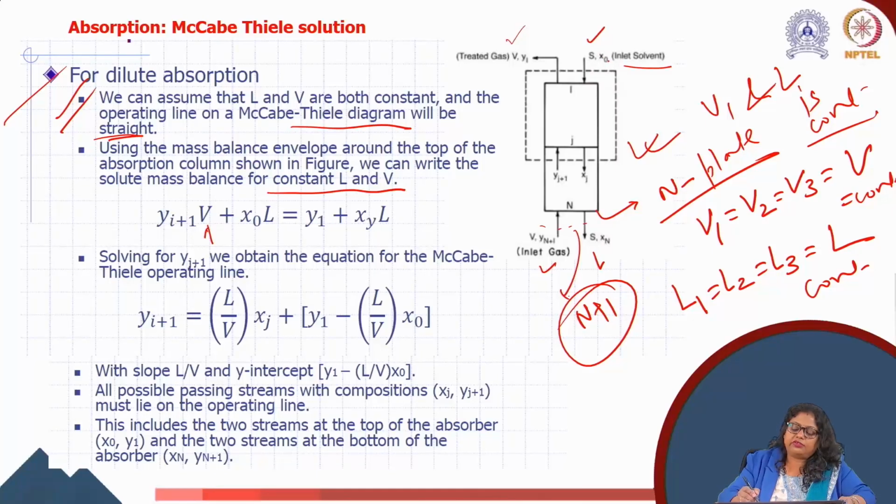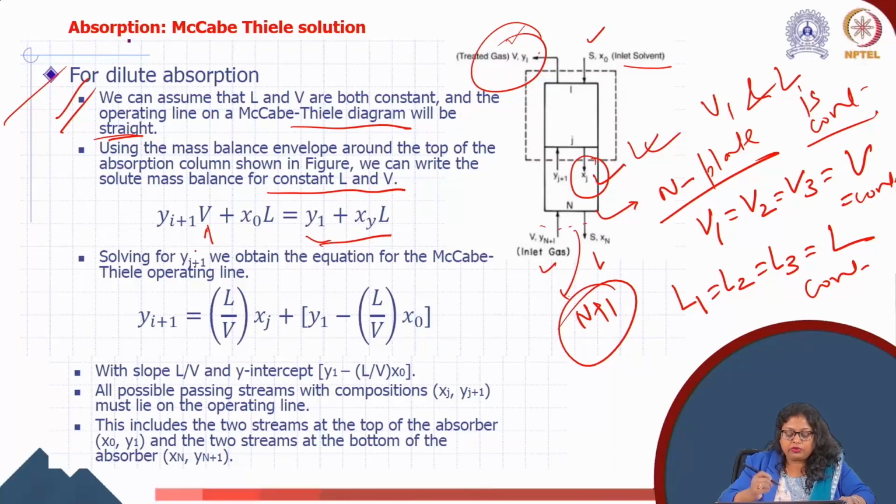At the top, X0 with liquid flow rate L. So Y(i+1) V and X0 L come in, and what comes out? At the top, V with y1, and from the bottom, x and L. So the y component we are considering, and then this y1.